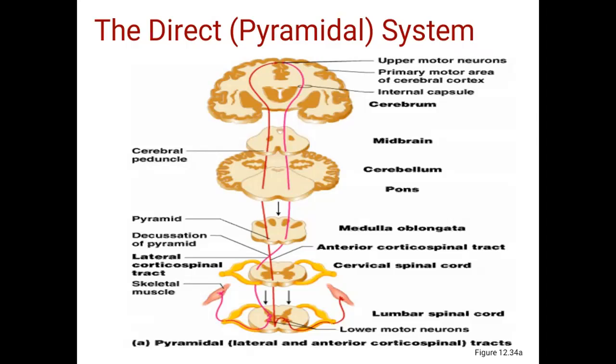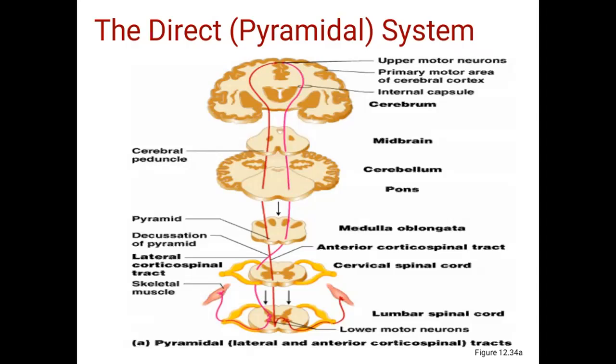Inside the internal capsule also, there is a point-to-point discrimination. The fibers concerned with control of head, shoulder, elbow, wrist, fingers, trunk, hip, knee, and toe are arranged from anterior to posterior. After crossing through the internal capsule, it enters the midbrain.